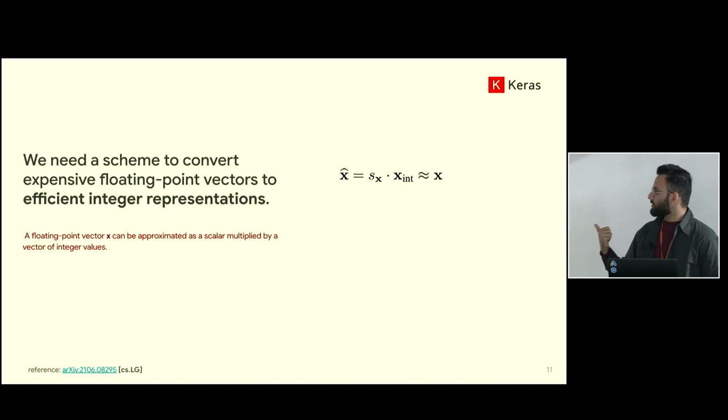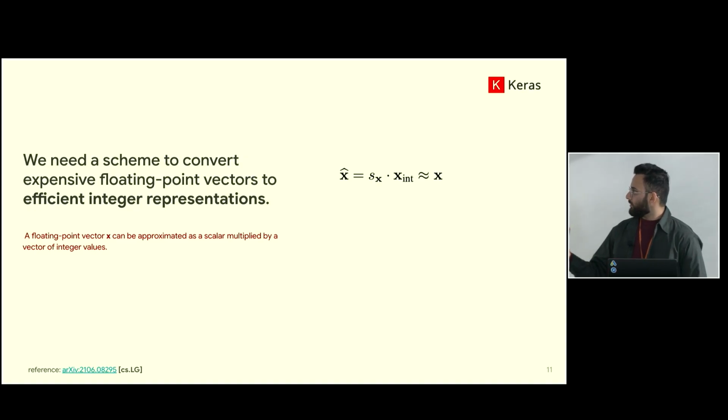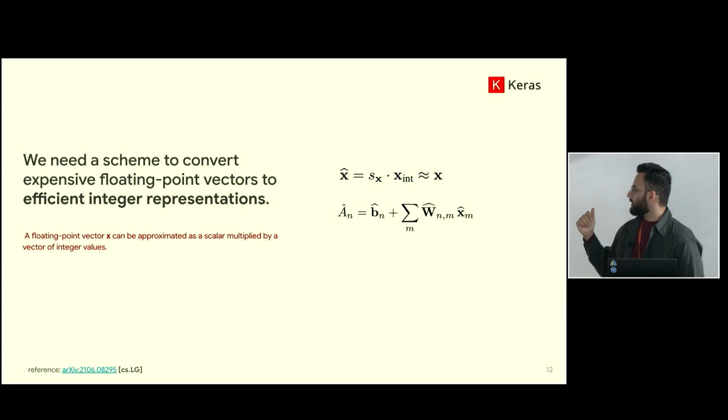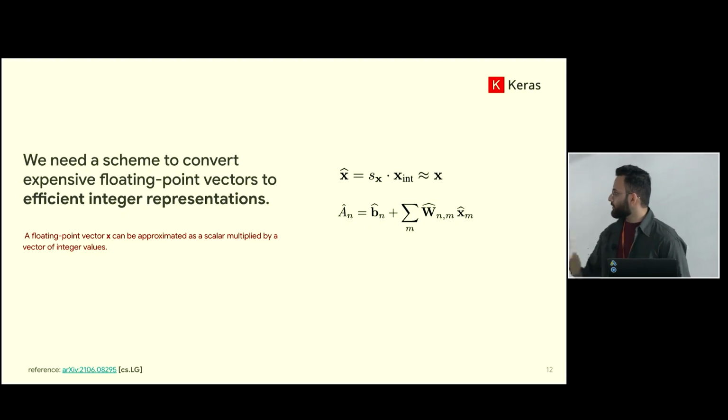This approximation can be computed by multiplying a high precision scalar number with an integer vector. So if we replace the operands in the original vector matrix multiply equation from the previous slide with these approximations, we get the equation that you see here.